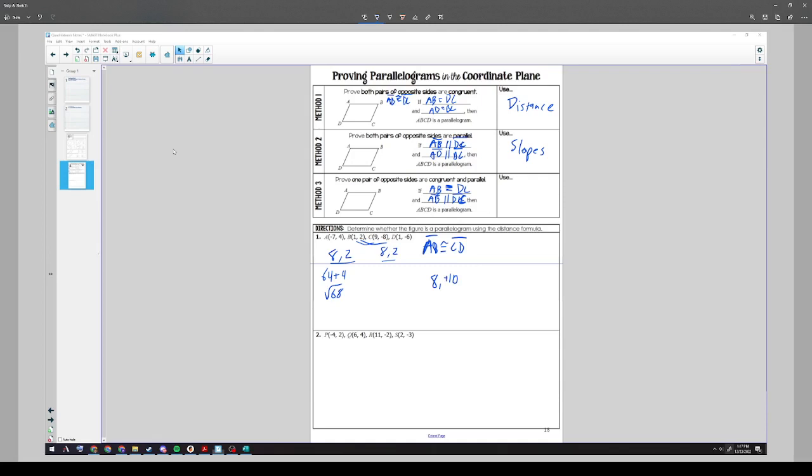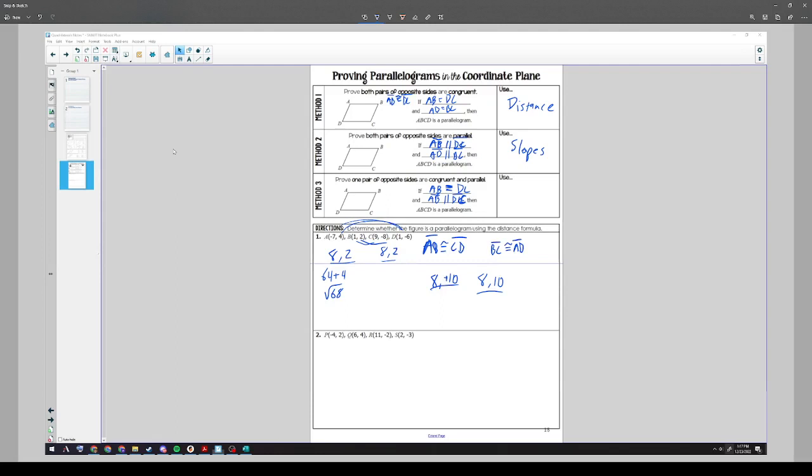So the distance is 8 in the x, 10 in the y. And then from A to D, the distance is -7 to 1, that's 8, and the difference in y from 4 to -6 is also 10. So yes, this is a parallelogram because I've shown that AB is congruent to CD, and BC is congruent to AD.